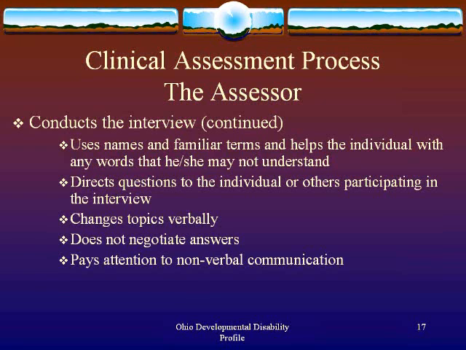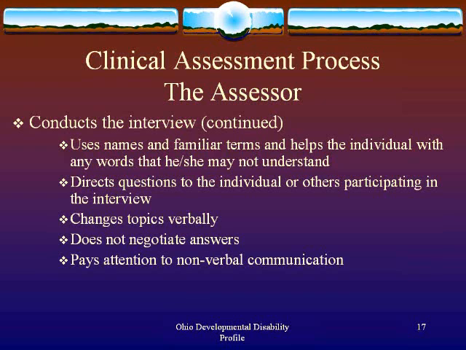Help the individual understand what these terms really mean for them. We will expect you to direct questions to the individual or other participants and try to get the correct answer. You may need to reword them, paraphrase them, explain them a little bit. If you're getting off track, you may need to change topics verbally. Try to keep things moving along.